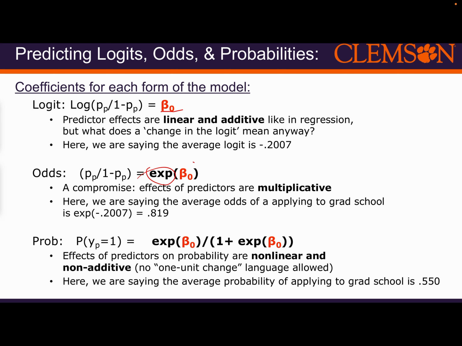So e to the our intercept estimate is 0.819, saying the average odds of applying to grad school are 0.819. And then our probability itself is e to the parameter over 1 plus e to the parameter itself, right? So the average probability of applying is 0.55. Not bad. All right, moving forward.